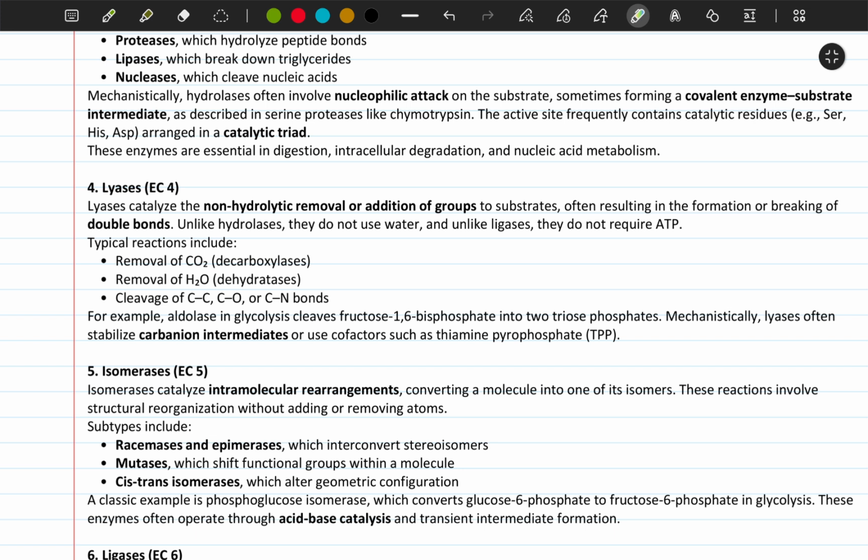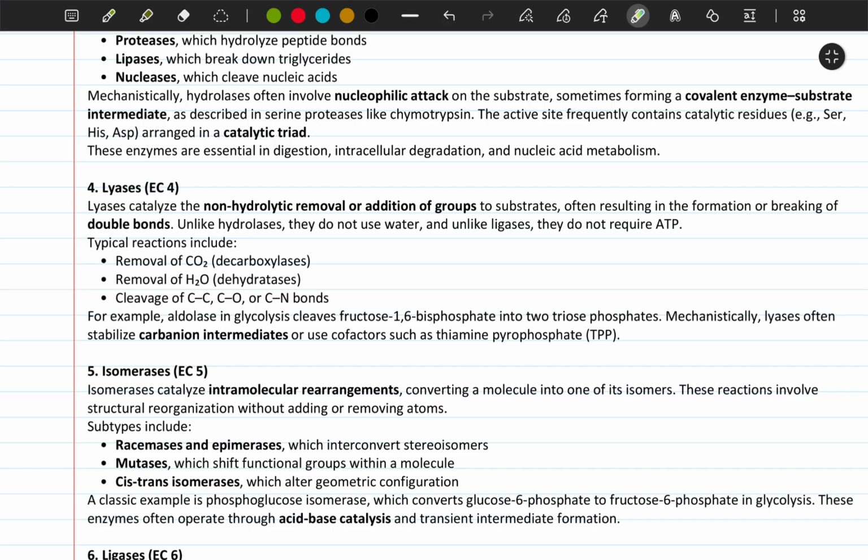Okay, an example is fructose 1,6-bisphosphate being cleaved to two triose phosphates. Lyases stabilize carbanion intermediates or use cofactors such as thiamine pyrophosphate.